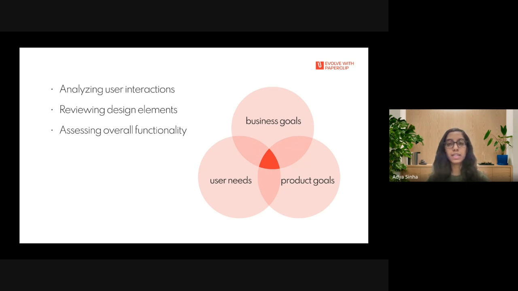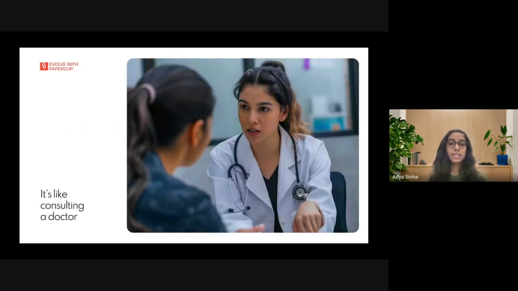So, if we take an example from a real world scenario, it can be more like consulting a doctor, because whenever we are feeling unwell, we go to a doctor. And what a doctor does is that they listen to us, they observe our symptoms, and they conduct some tests on our symptoms to validate their observations.